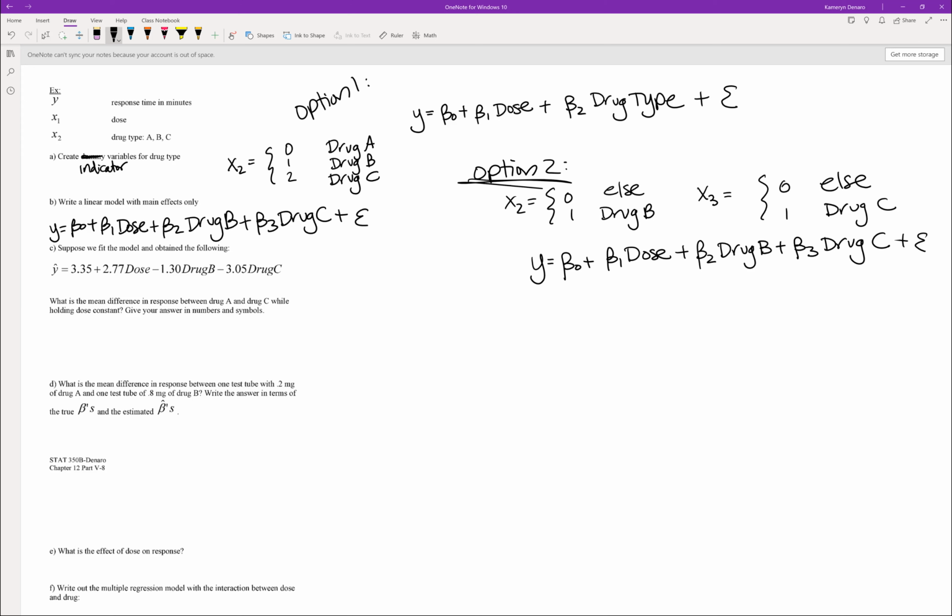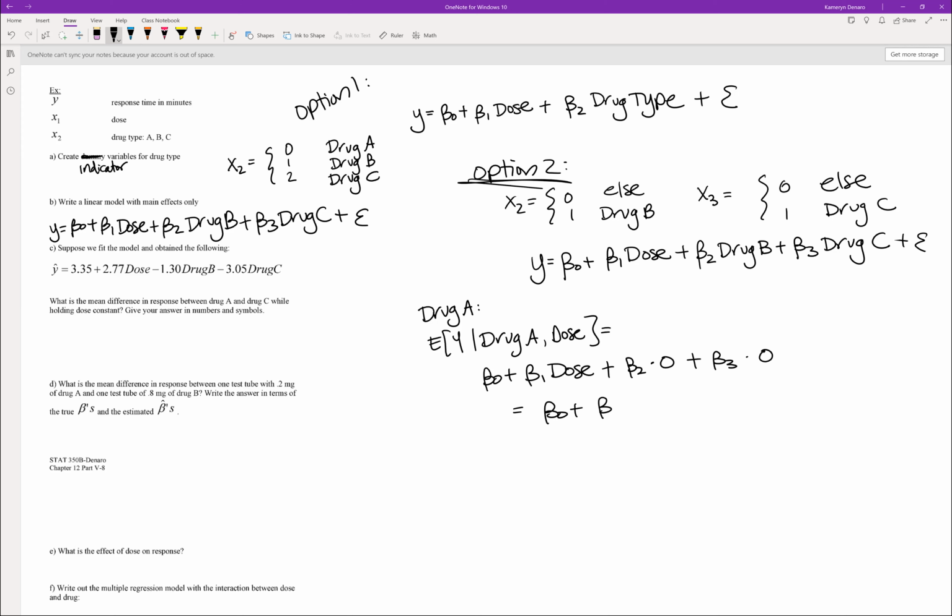Let's do this generally first for drug A, drug B, drug C. For drug A, the expected y given drug A at a particular dose is equal to beta 0 plus beta 1 dose plus beta 2 times 0 plus beta 3 times 0. So all in all, we get beta 0 plus beta 1 dose.